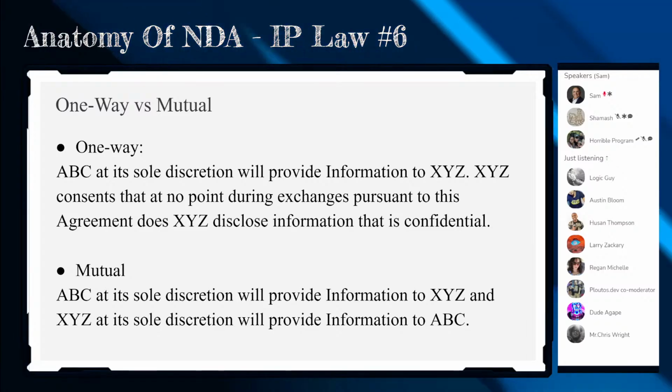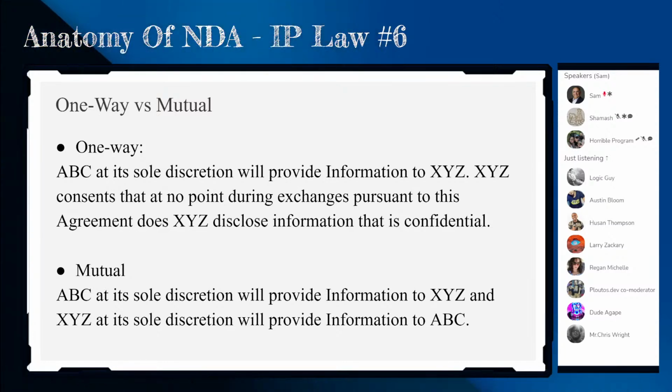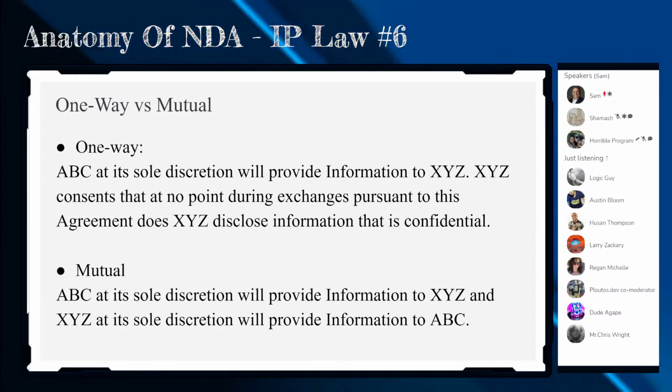And now XYZ can't come back and say, hey, the thing that we told you, it was a mistake. It's actually confidential information. You're like, too bad, too sad. You acknowledged in writing that none of the information is confidential. What is mutual?